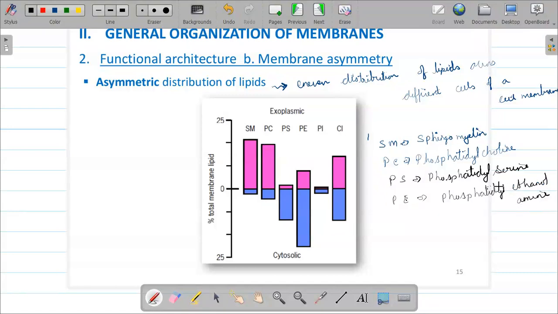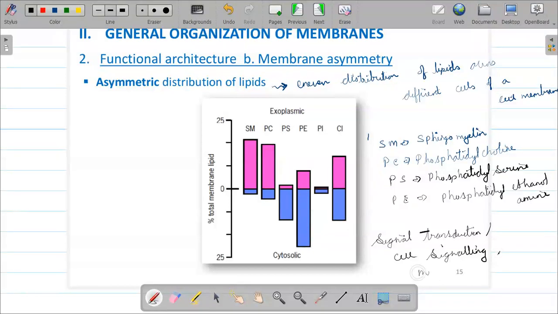Correct, sir. The main role is that they help in signal transduction, which is also called cell signaling. These are there in your peripheral protein, not on the integral protein.